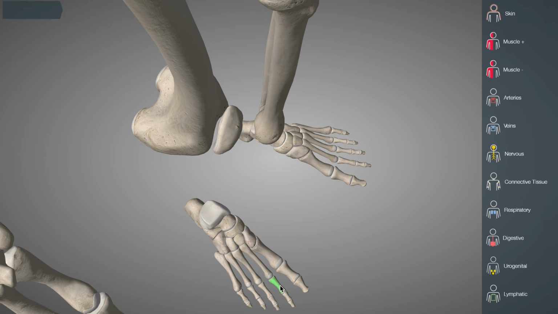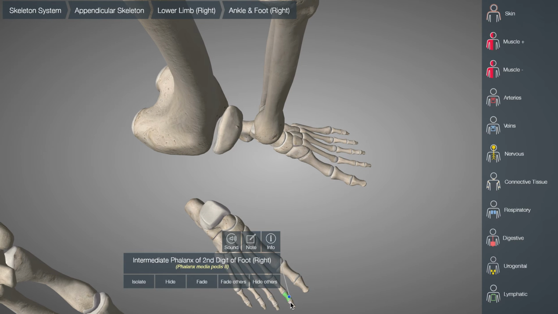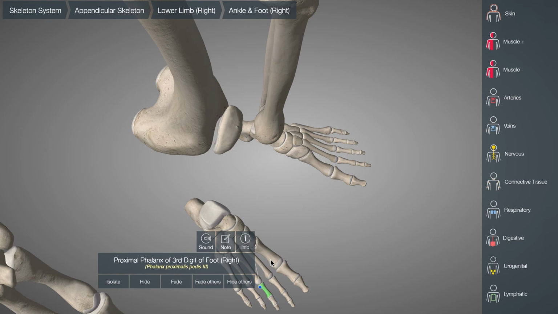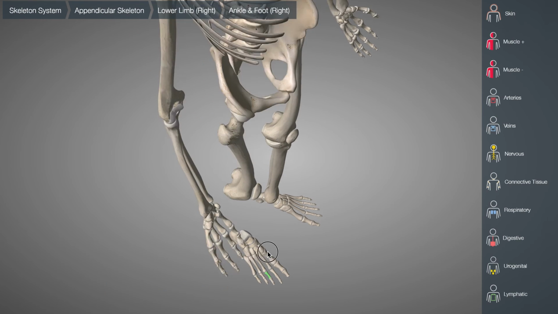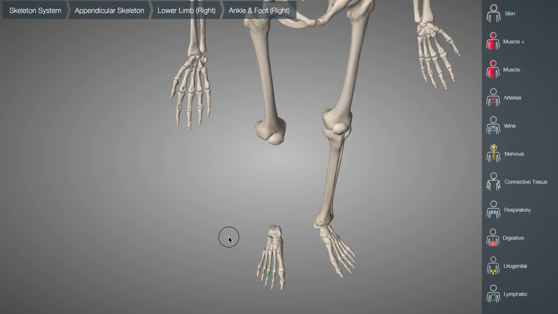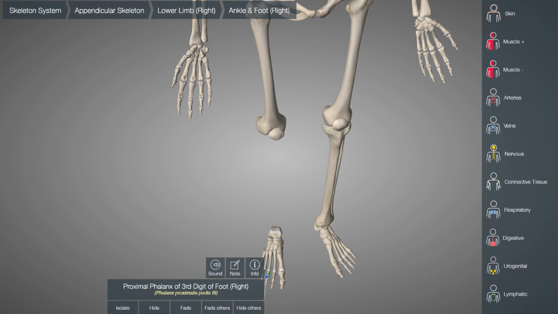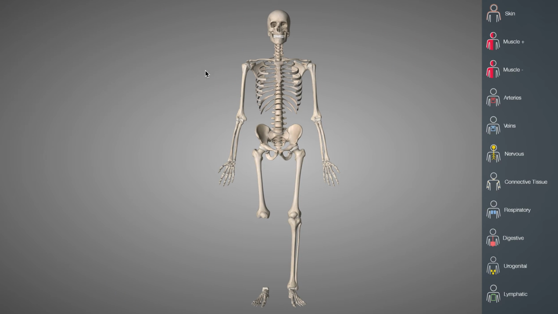And we have a proximal, medial, or intermediate, and also a distal phalanx for the rest of our toes. Okay, so that would be the completion of our feet right there.